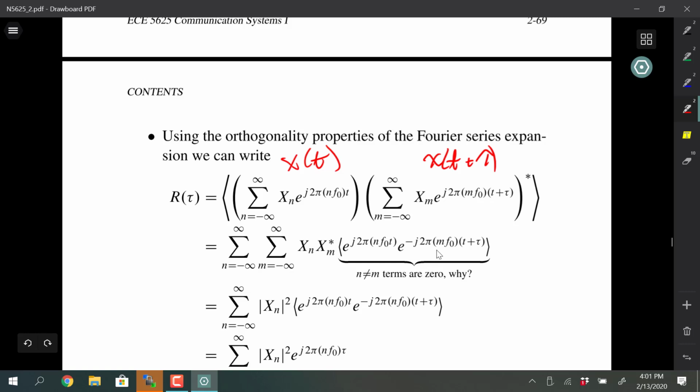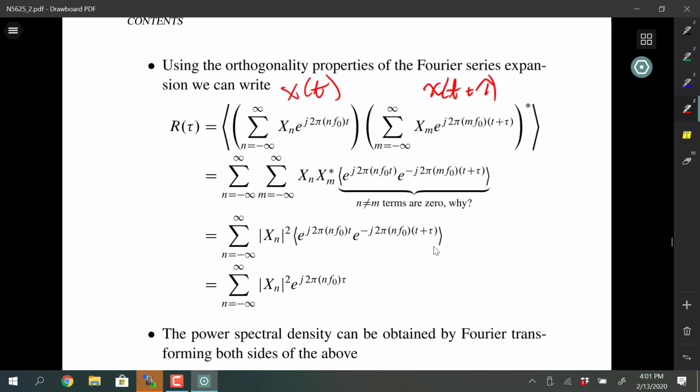So if you're at different frequencies and you multiply the complex sinusoids together, you're going to get a sum or a difference, depending upon the sign. So you're always going to be at a non-zero frequency, and the time average of that is always 0, right? Because a sine and cosine wave always average to 0.